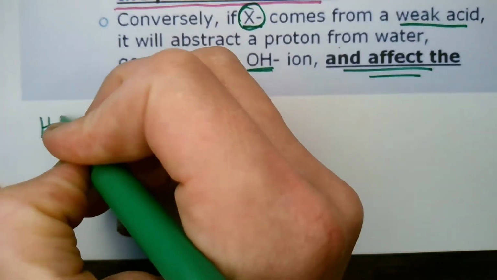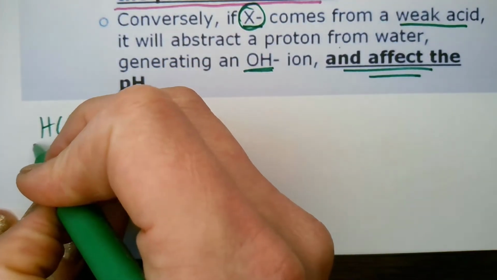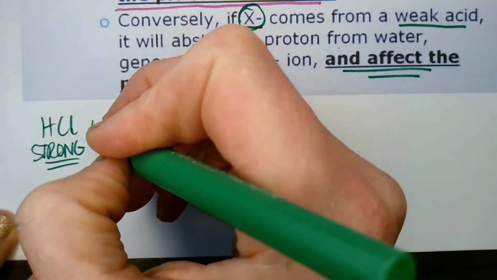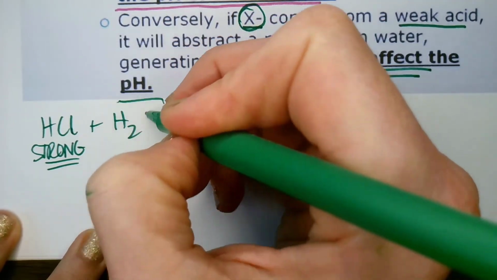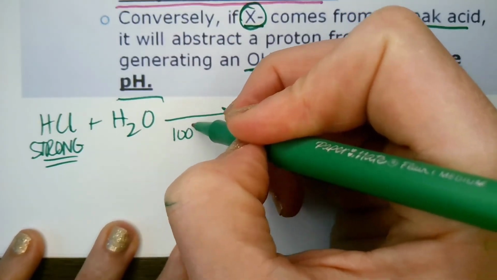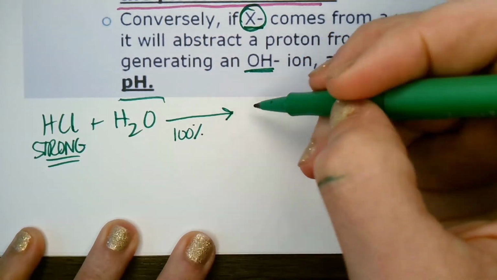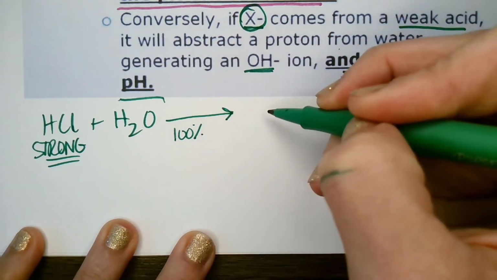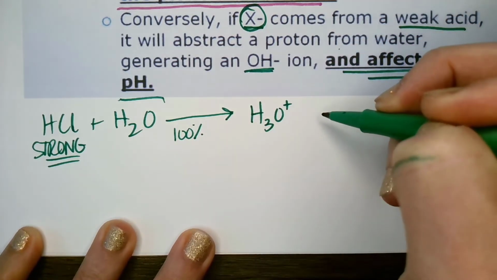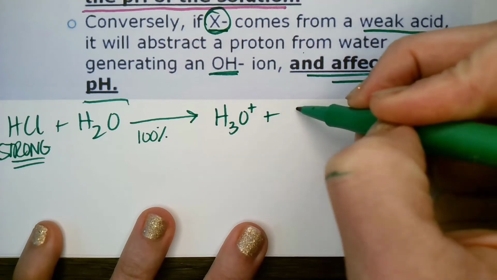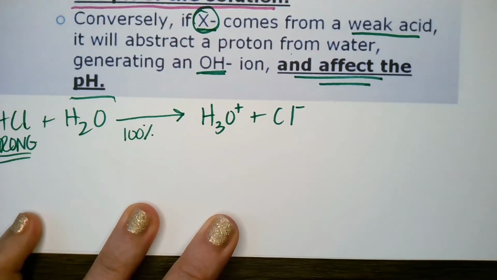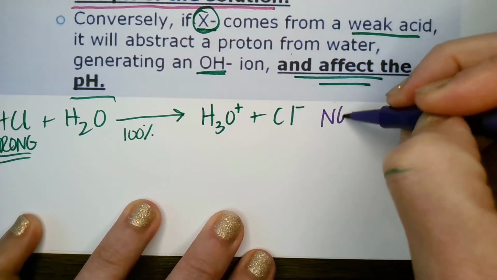Let's look at a couple of these examples since we have 2 of them right here. So let's look at HCl. We know that this is a strong acid. And let's say we add some water to it. We know that if it's strong, it's going to 100% dissociate. There is not an equilibrium here. And it is going to create all H3O plus ions and Cl minus ions.